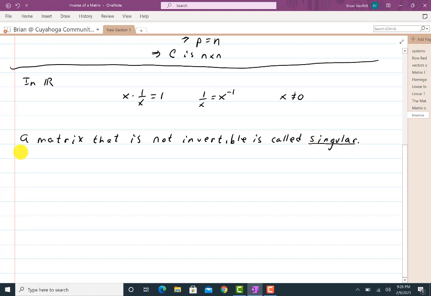And of course, a matrix that is invertible is called non-singular.